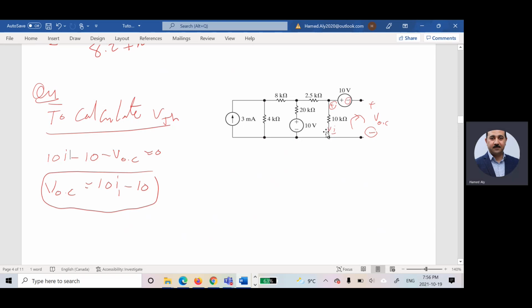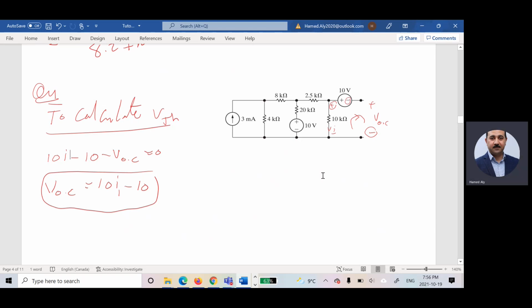To use node voltage method, I believe, because for node voltage methods, it's very easy to say summation the current for this node is equal to 0, and summation the current for this node is equal to 0, right? And actually, I don't need this node because there is no current in this guy.